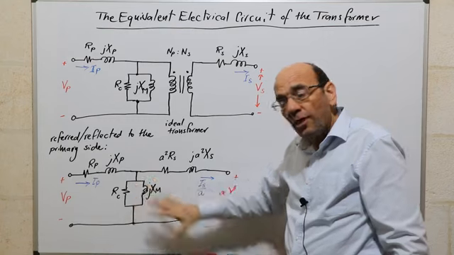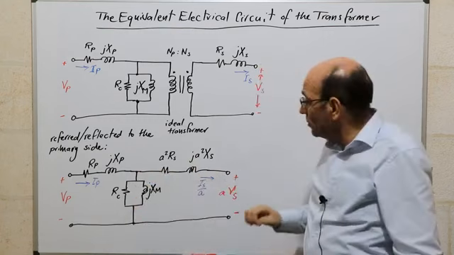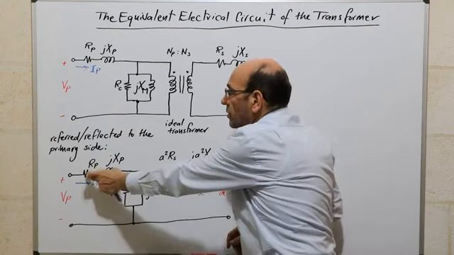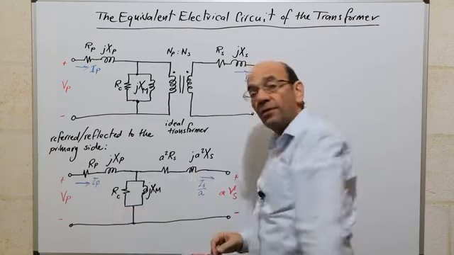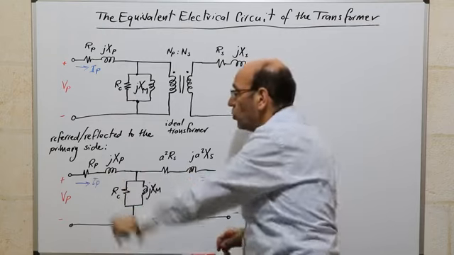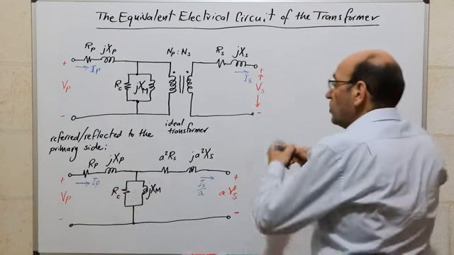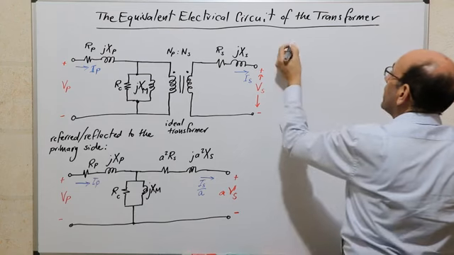What we can do now, we can actually take this simplification further, and we can group this resistor with this resistor, and we can group this reactance with this reactance, and we can move this core or shunt part to one side. So we could actually group RP plus A squared RS.